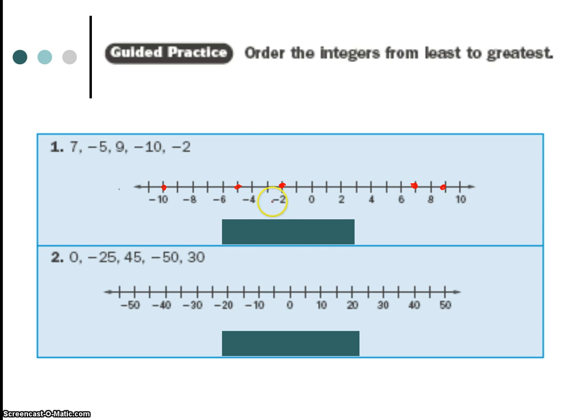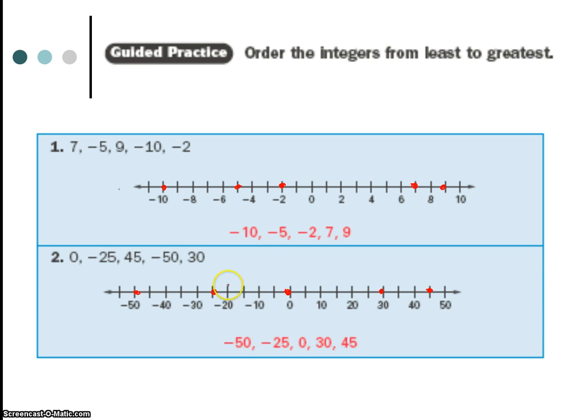So the order from least to greatest would be -10, -5, -2, 7, and 9. Number 2, make sure that you have graphed the points. The order from least to greatest is -50, -25, 0, 30, and 45.